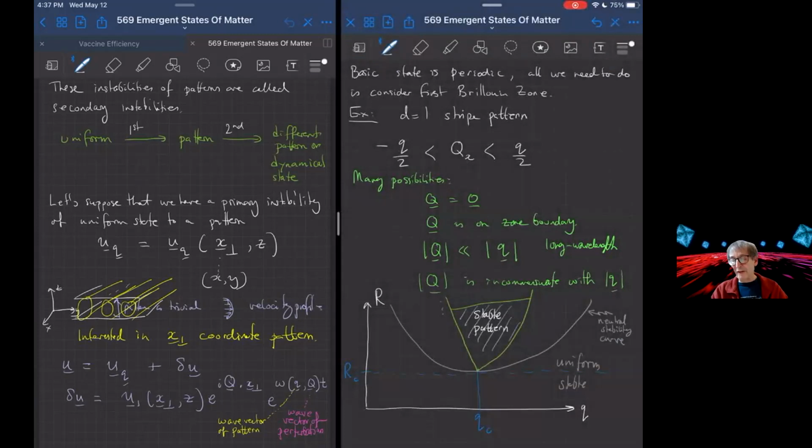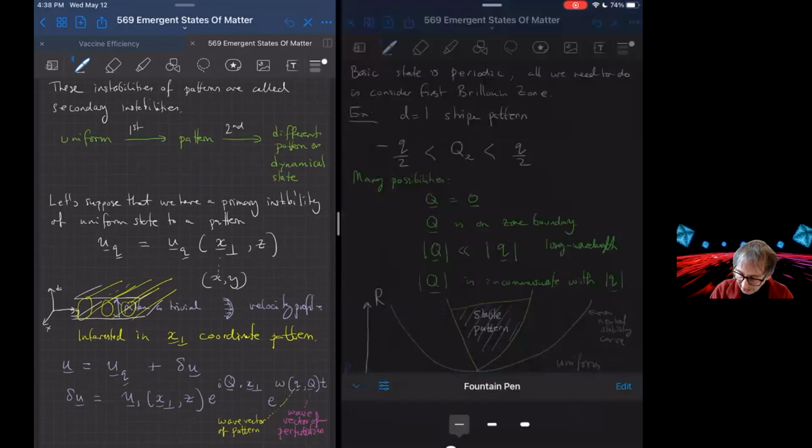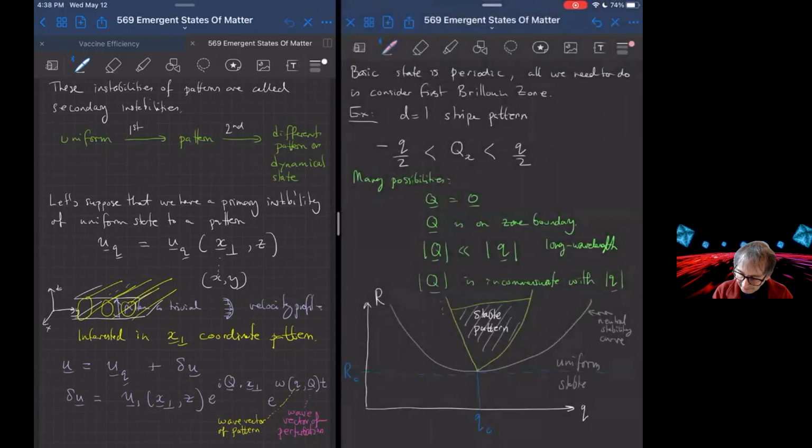If you're in that range in control parameter, the Rayleigh number and q, you will have a pattern that is stable. Outside of that, inside this area here and this area here, the periodic pattern is unstable.